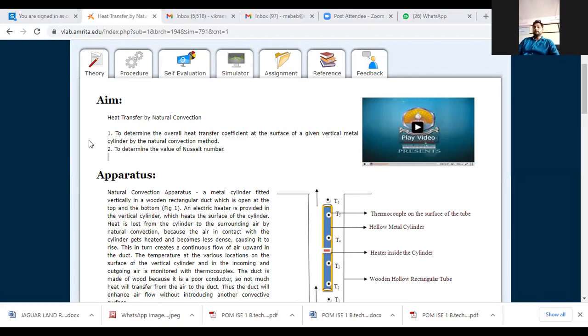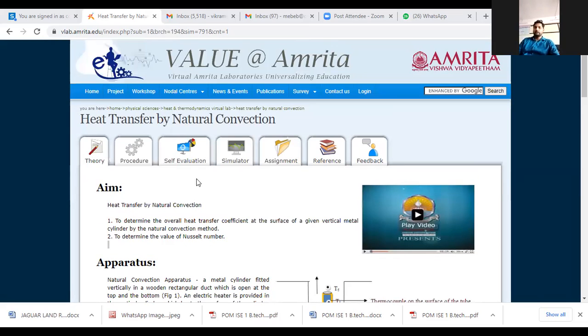Also, Shashikant Jadhav sir and I conducted video demonstrations of actual practical sessions, and those are made available on the respective study material sheets. So today our aim is to understand natural convection heat transfer by using the virtual lab.